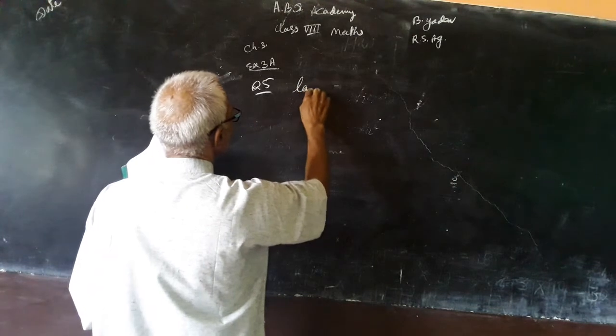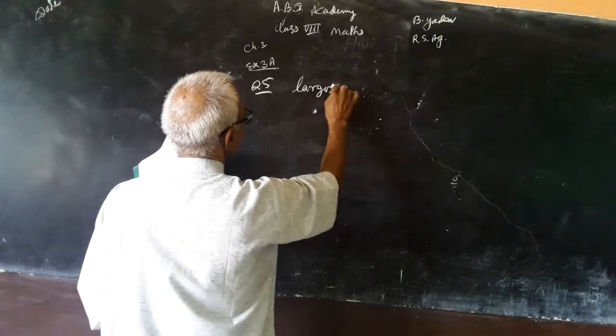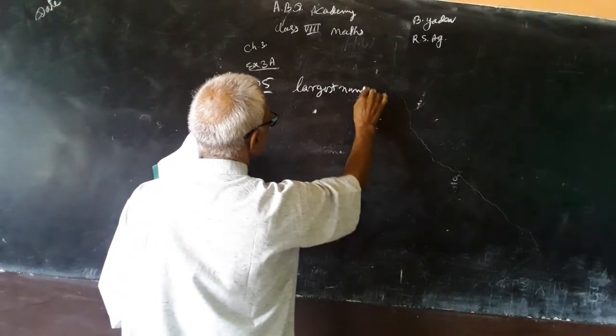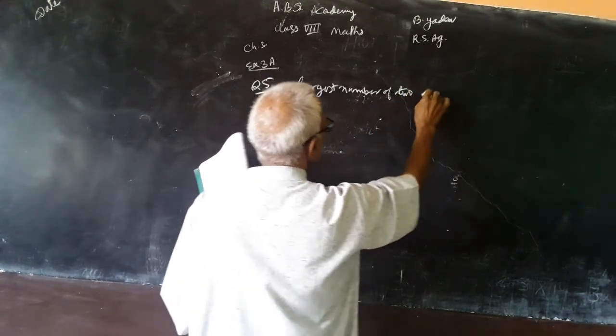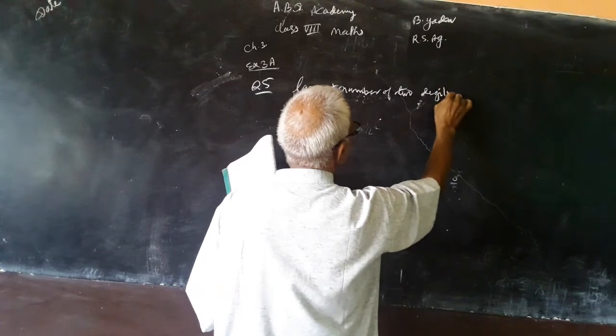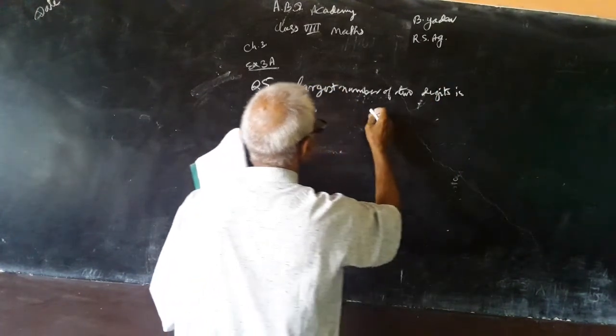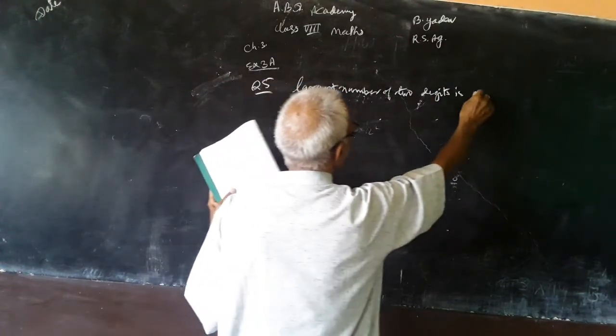So here you write largest number of two digit is 99.